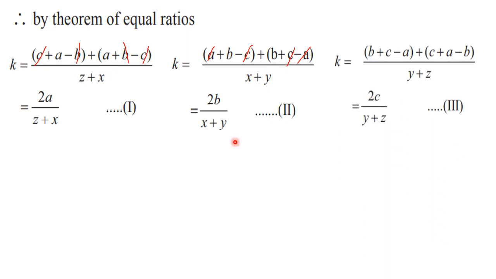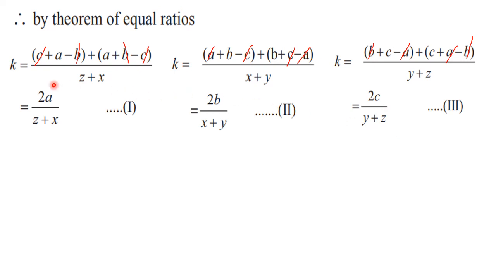Then finally you will take y plus z. So above y you have b plus c minus a, and above z you have c plus a minus b. So according to the need we are adding the ratios. Similarly here also now certain terms will get cancelled like plus b and minus b, minus a and plus a got cancelled, and then finally you got 2c upon y plus z.